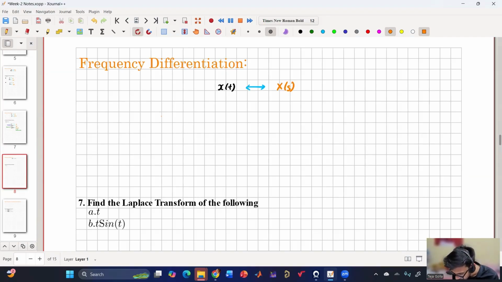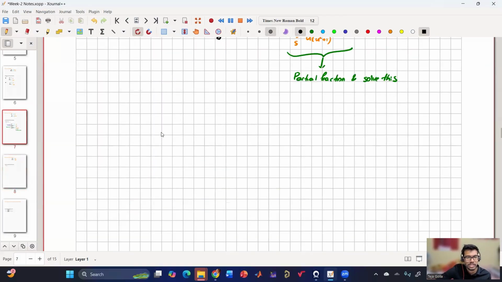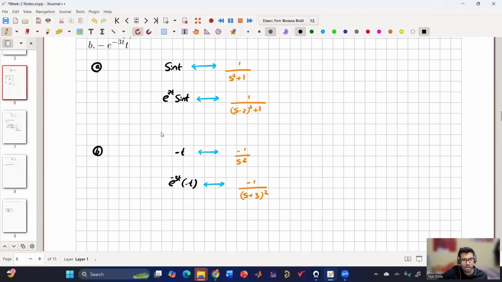Say if I have dx of s by ds, then it will be minus x of t, or if I put minus here, then it will be t into x of t. So if you see the time differentiation, it is all quite similar.